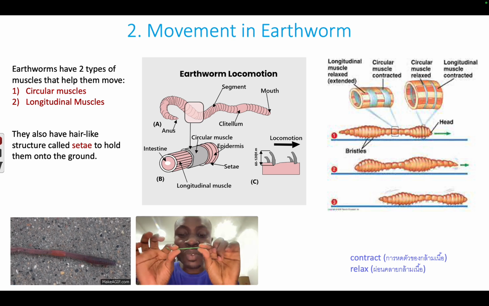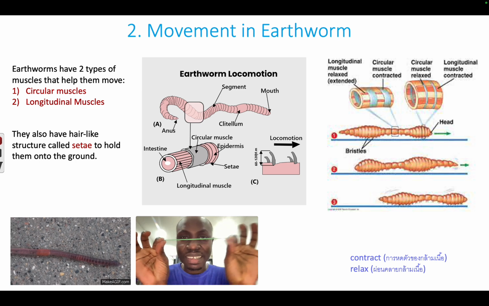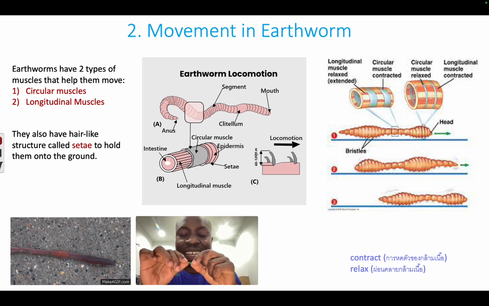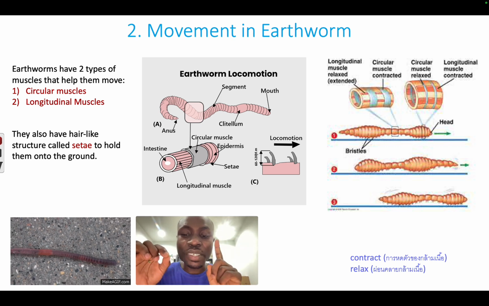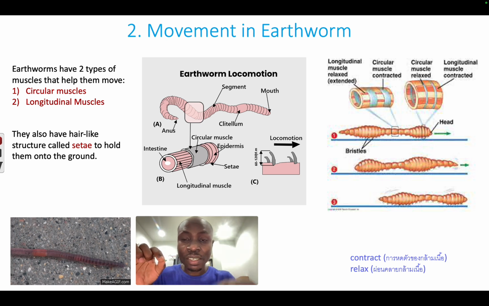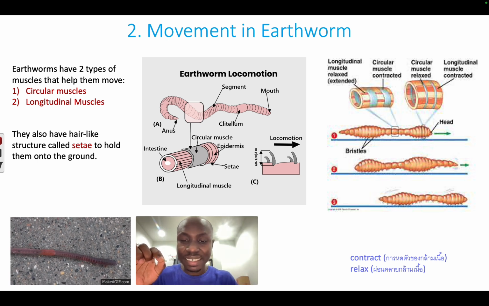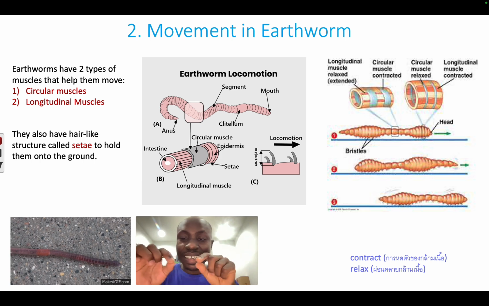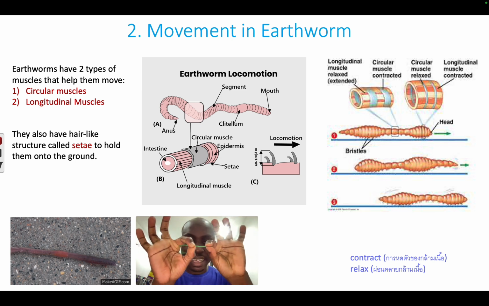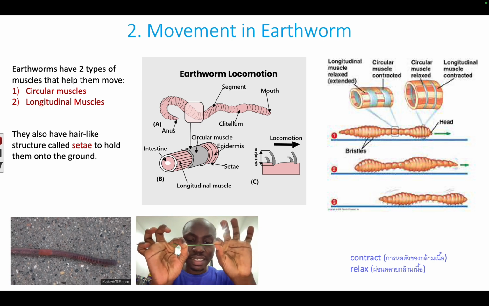So if the earthworm is like this rubber band, I'm going to use this to try to explain. If the earthworm wants to move, first it will put the setae onto the soil or onto the ground to hold it. Second, the circular muscle will contract. Okay, it's going to contract.